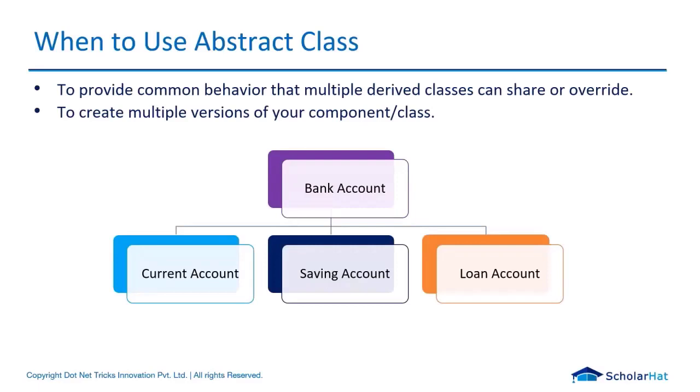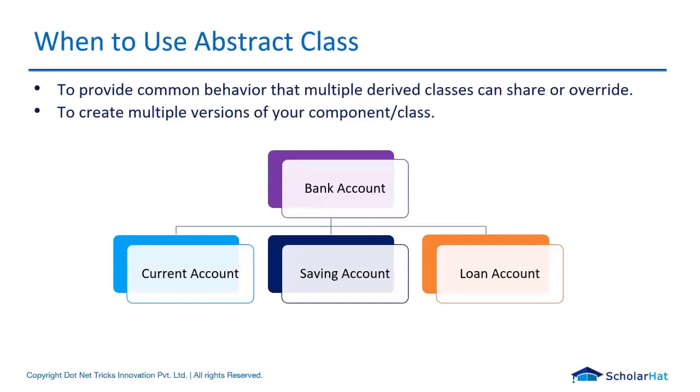Considering that each bank account has some common behaviors, whether it is a current account, savings account or loan account, every bank account will have three basic behaviors: deposit, withdrawal and getting the balance, whatever balance you have in your account. So initial balance or such attributes every bank account will have.